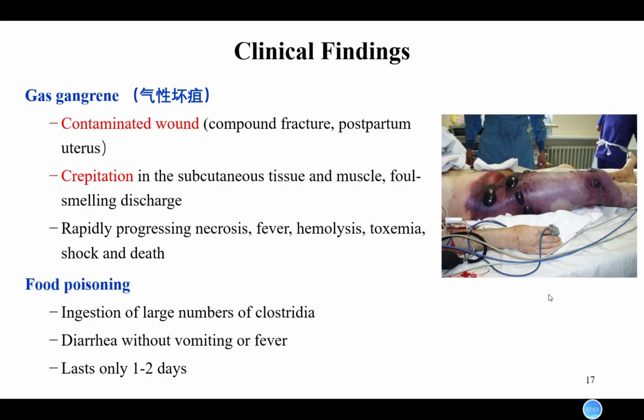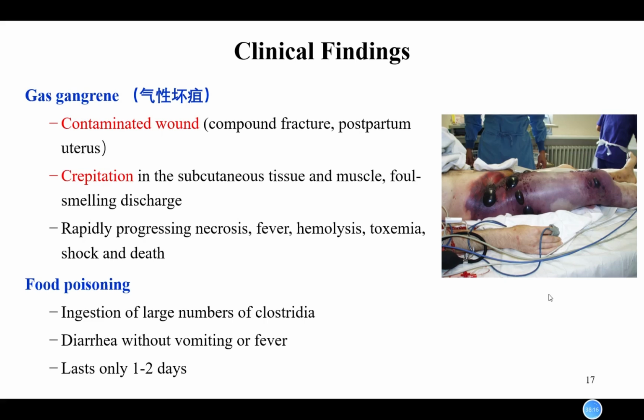Clinical findings of perfringens infection. The major problem, also the lethal problem, is due to gas gangrene, a special disease due to tissue infection with perfringens through a contaminated wound.